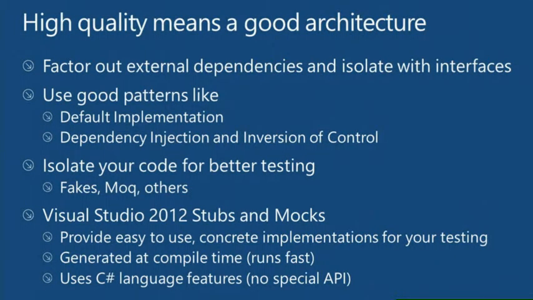We treat them a little bit differently, and we're going to talk mostly about stubs today, and not so much about mocks. The idea is it provides easy-to-use concrete implementations for your testing. They're generated at compile time instead of runtime, which means they should be faster overall. And it just uses generic C# language features, so there's no real special API to deal with. I think this makes it a little bit easier to use.